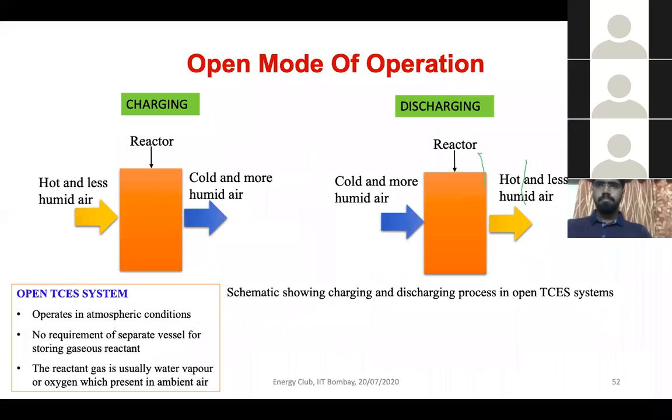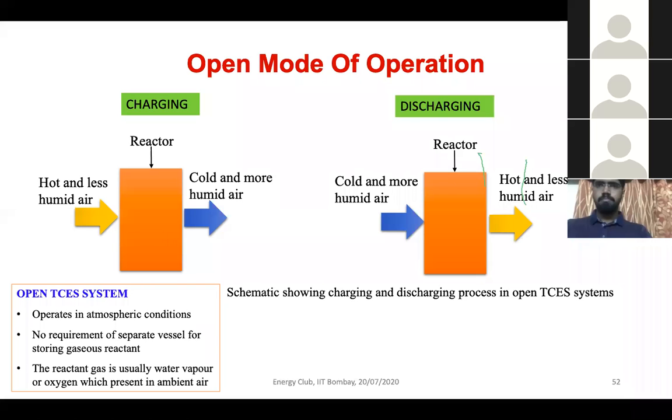However, if you are using non-toxic salts, then we can use open mode, where you take air from the ambient, heat it and push it into the reactor, and the cold air you get can be exhausted to the ambient again.